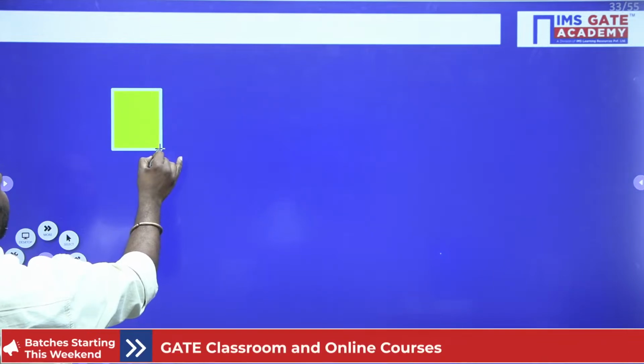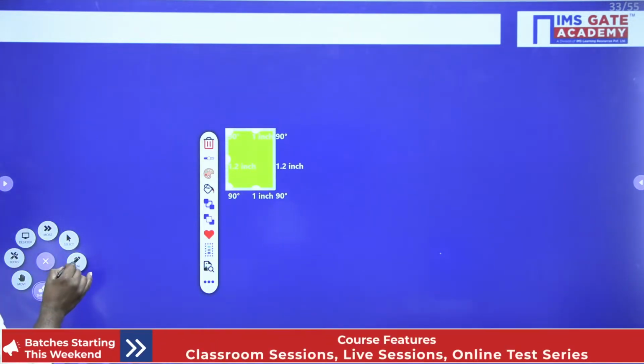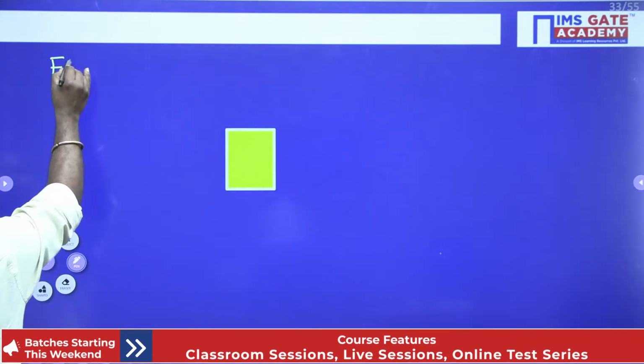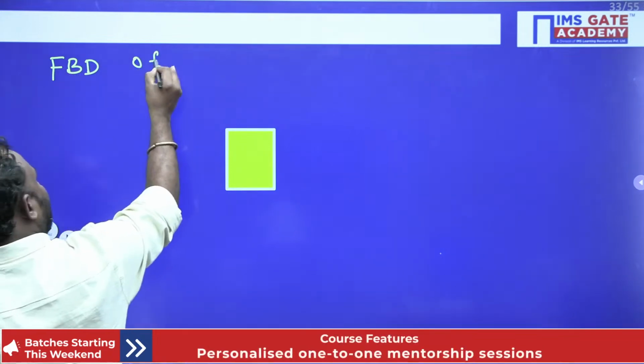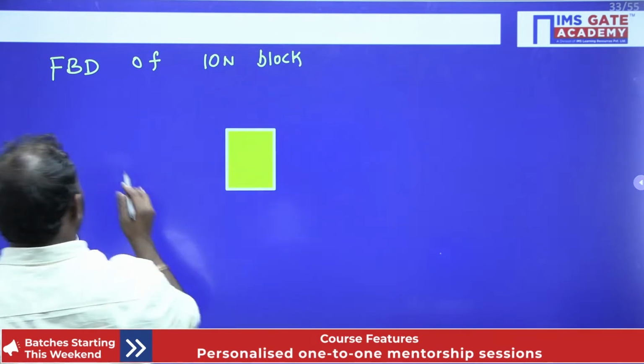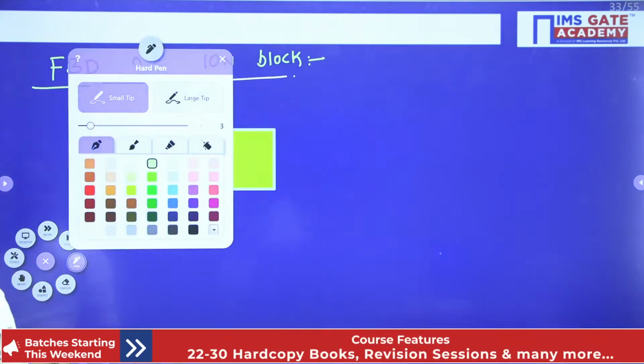Free body diagram of the first block, FBD of the 10 newton block. 10 newton block, isn't it guys? Right.